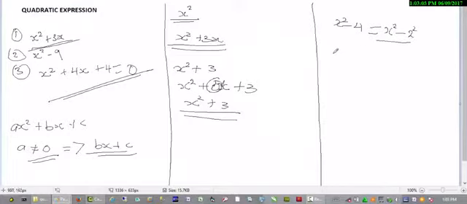When you want to factorize it, you will have x minus 2 into x plus 2. So this one is minus and this one is plus, but the values are the same. 2 is here, 2 is here, x is here, x is here.